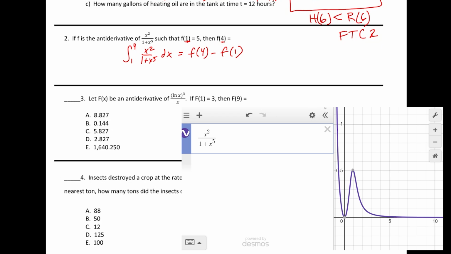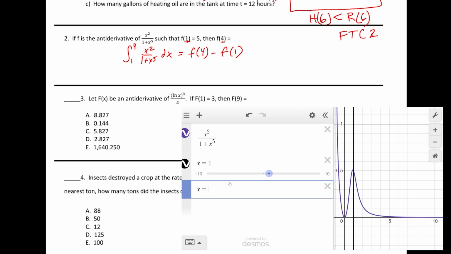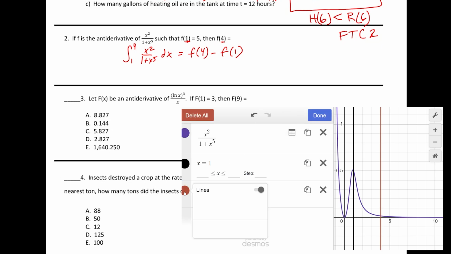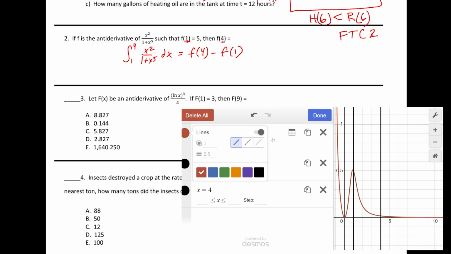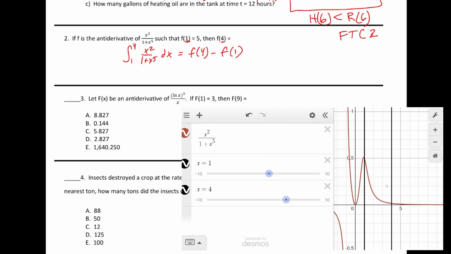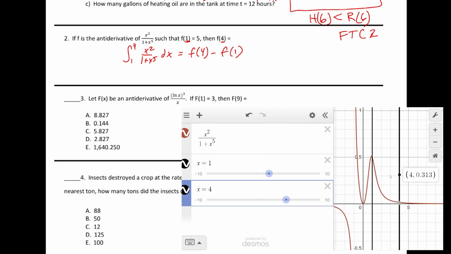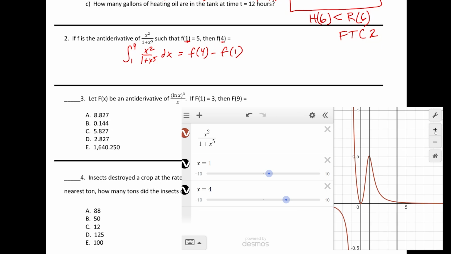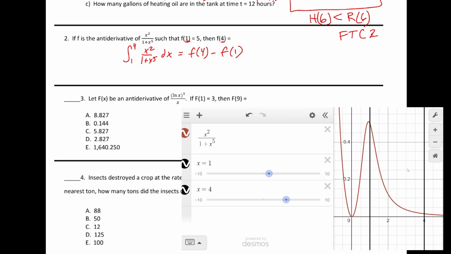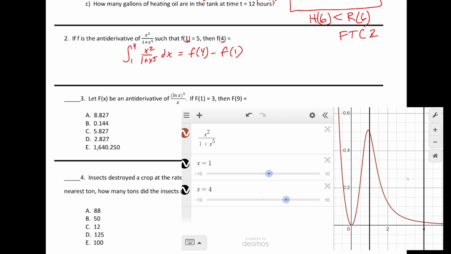So, let's throw in x equals 1 and x equals 4 so we can see where those boundaries are going to be. Just changing the colors here, make this a little easier to look at. Let's zoom in a little bit here. Can we see it better? I think that's about as good as we're going to get.